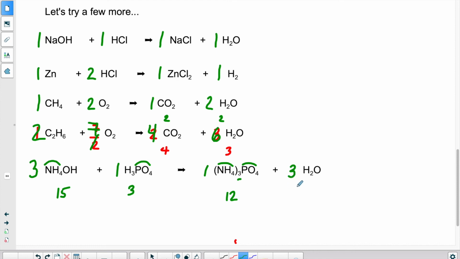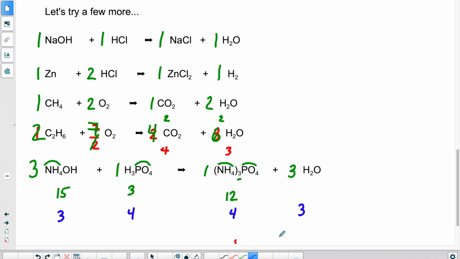Now, my equation is supposed to be balanced, but we will verify in this case using the oxygens. 1 times 3 is 3 for the oxygens. 4 times 1, so I need in total 7. I have 4 times 1, that's 4. And I have 3 times 1, that's 3.